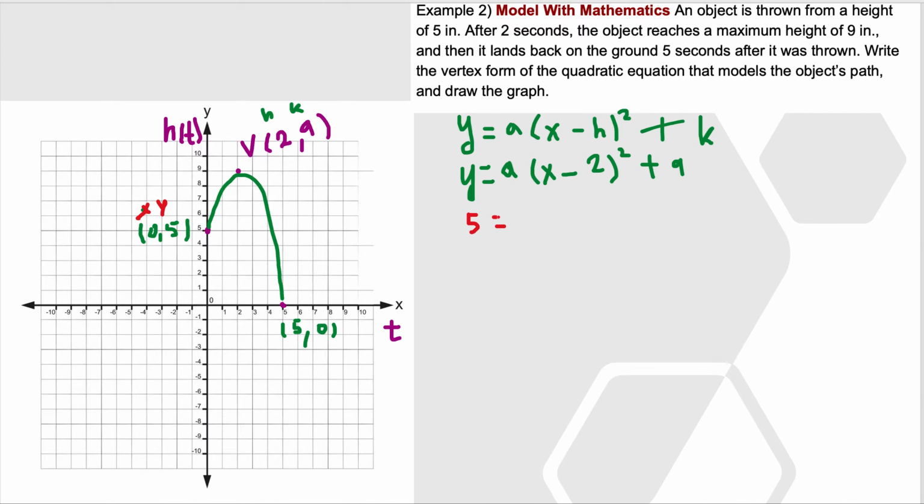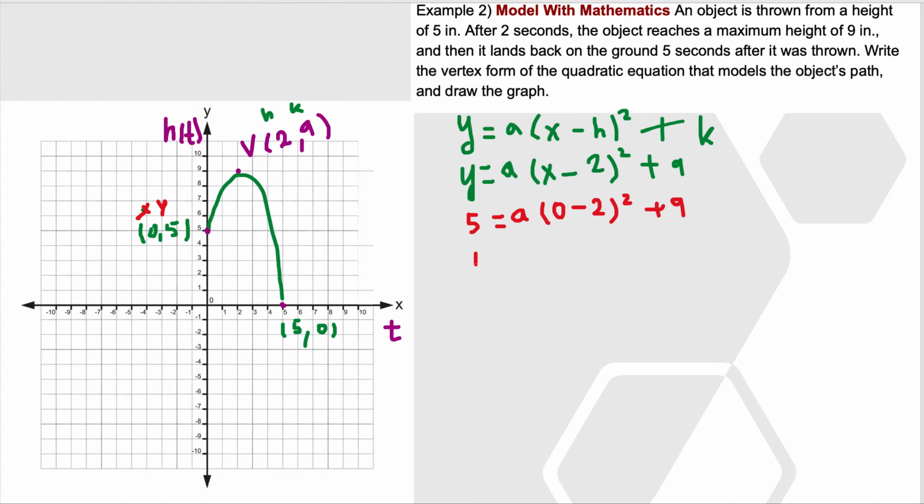And this is equal to a, because I want to solve for a. I don't know what it is. Instead of the x, I am plugging in 0. And here is a times (0 minus 2) squared, so everything here is squared, plus 9. And I'm looking at what's going to happen.